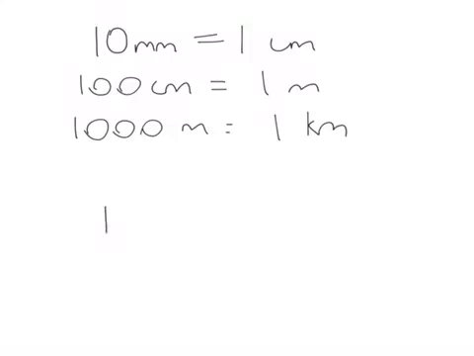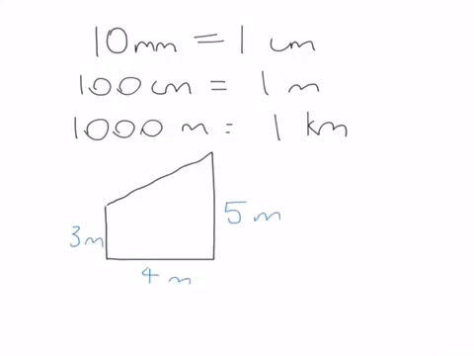If you've got a shape, then the perimeter is the distance around the outside of that two-dimensional shape. For example, if this was 3 metres, this side 4 metres, 5 metres and 6 metres, to find the perimeter, P, I just start at one spot and I go round the outside and add the numbers.